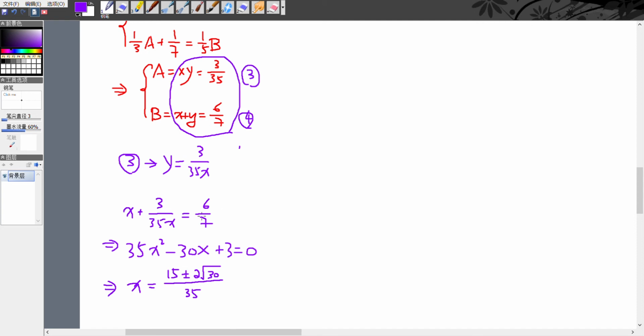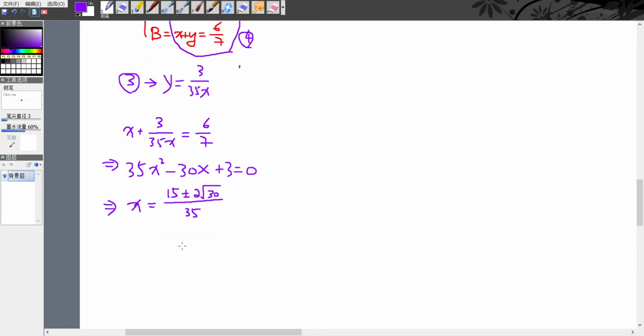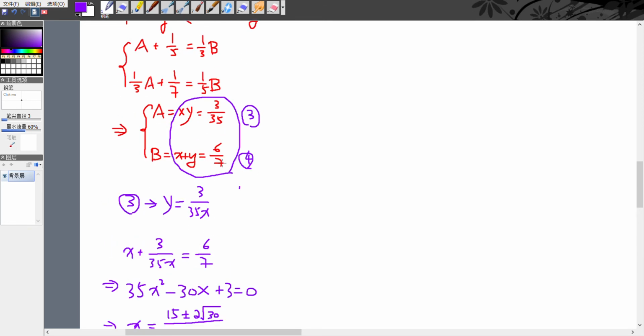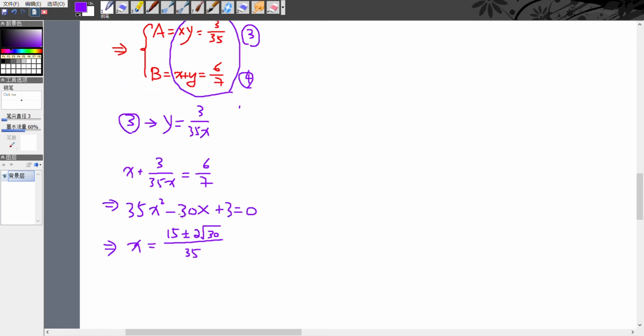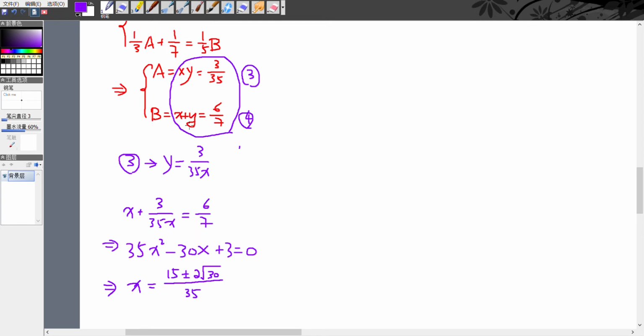And you can do the same, and you will find out that the quadratic equation that y forms is the same as x's, because you have these two extremely symmetrical simultaneous equations.